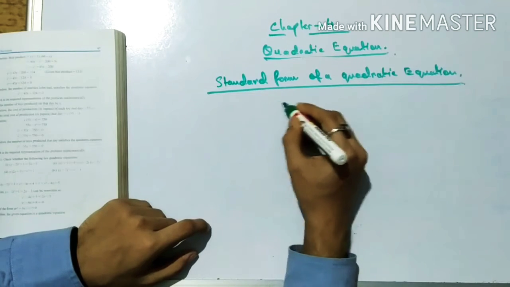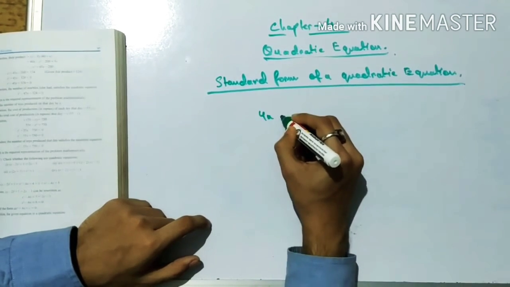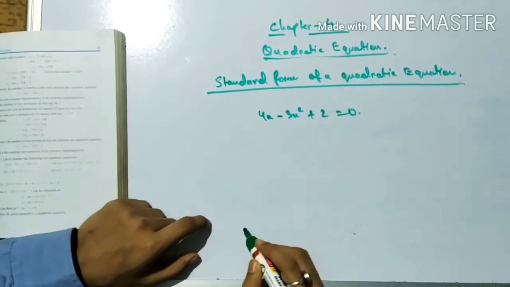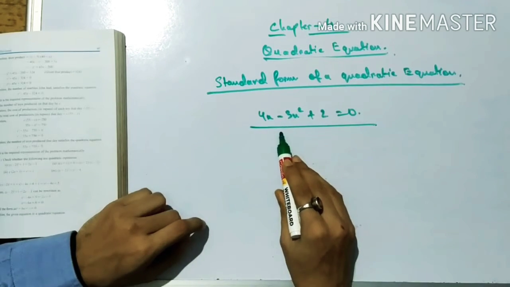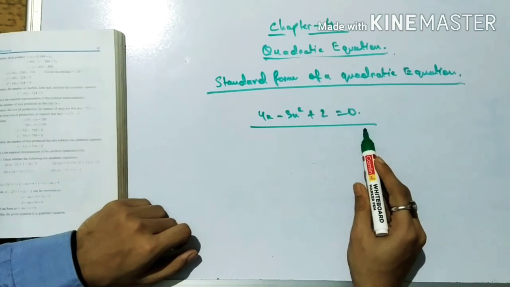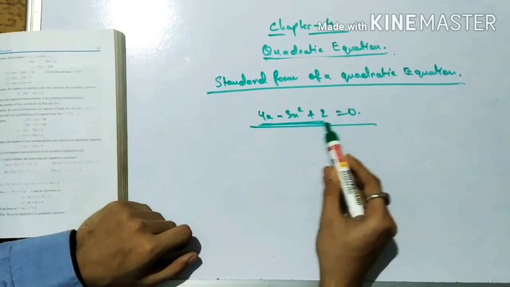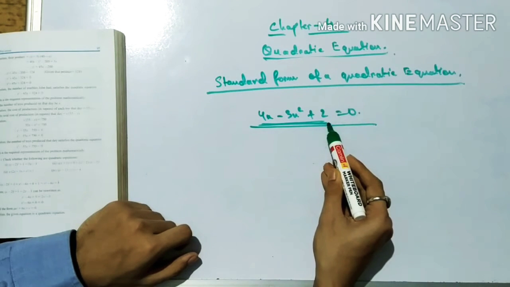For example, if I write a quadratic equation in this form, 4x minus 3x square plus 2 equals 0, this is a quadratic equation, but it is not in its standard form. Why? Because I have not written the polynomial in the decreasing order of its degree.